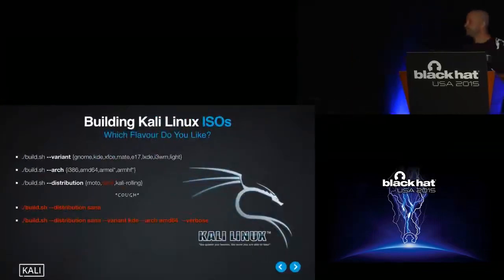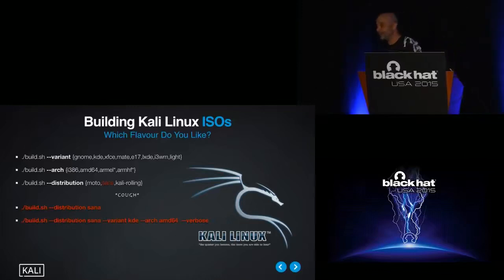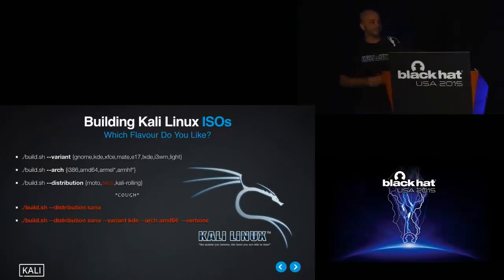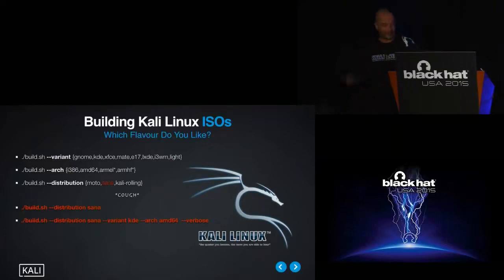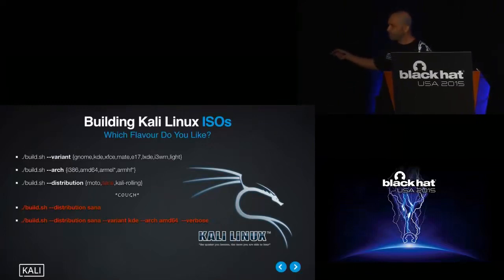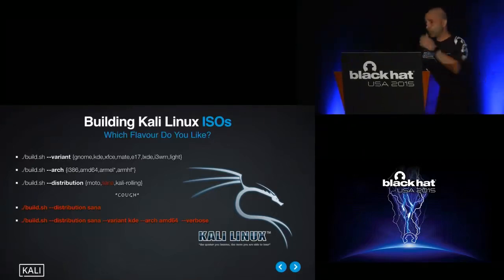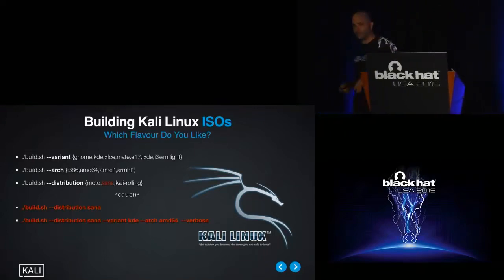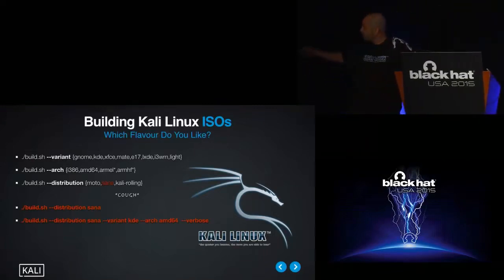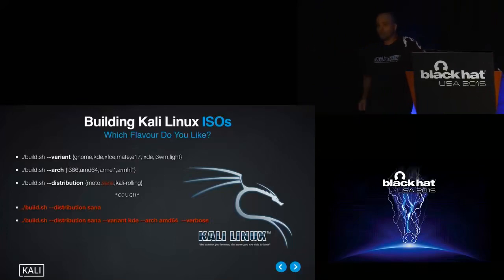So here is the secret sauce, ladies and gentlemen. And I'm talking with a slight smug look on my face because essentially, once you clone our live-build repository, this is how you would build ISOs. Now, another change that we've implemented in Kali 2 is the ability to integrate all sorts of different desktop environments.